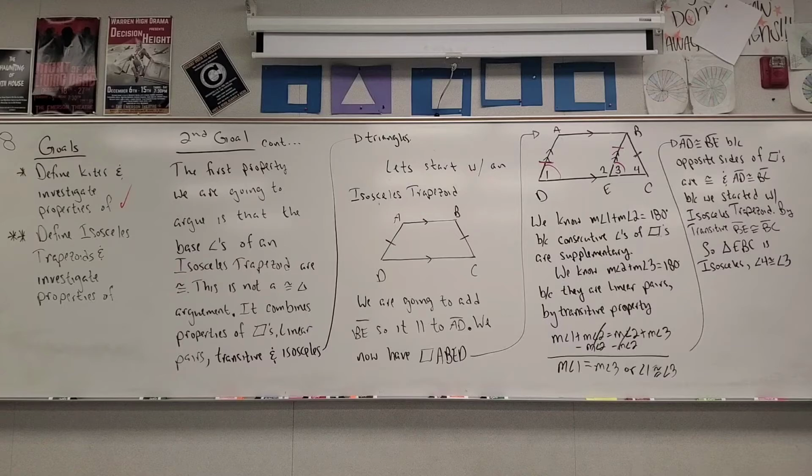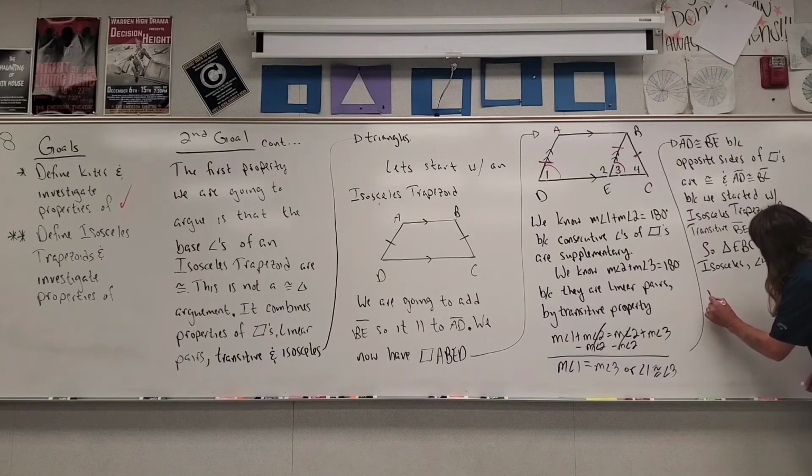And so what that means is the base angles of the isosceles triangle are congruent. So now we can say that angle 4 must be congruent to angle 3, right? But guess what? Angle 3 is also congruent to angle 1. So by the transitive property, again, I guess this is an argument style we've seen.